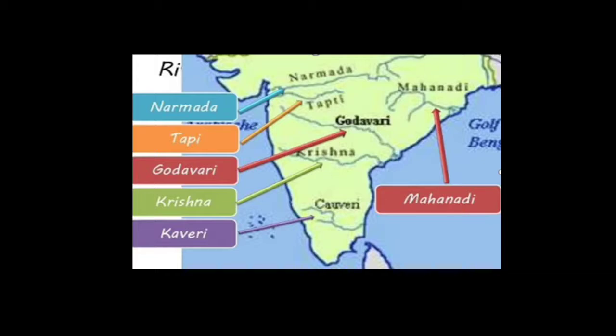Compared to the Himalayan rivers, they are less active, because the intensity of the flow is comparatively lower. They flow very slowly, and they also have a straight or linear pattern.